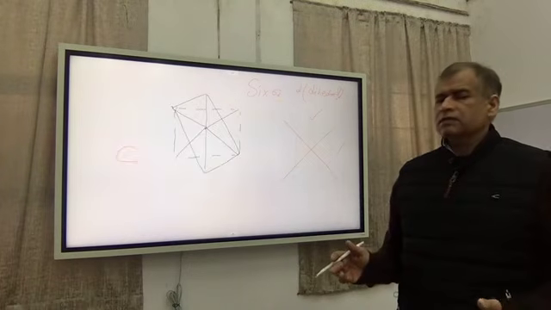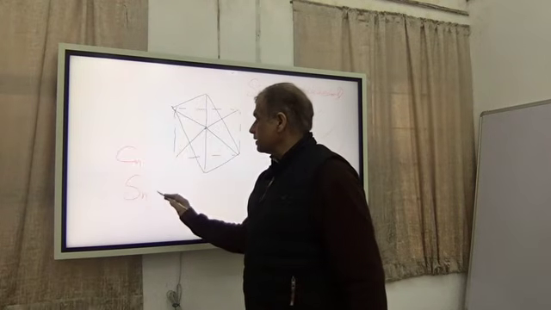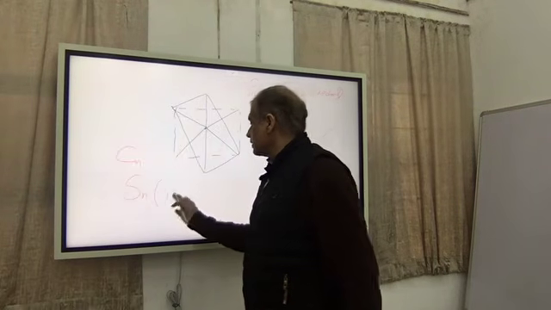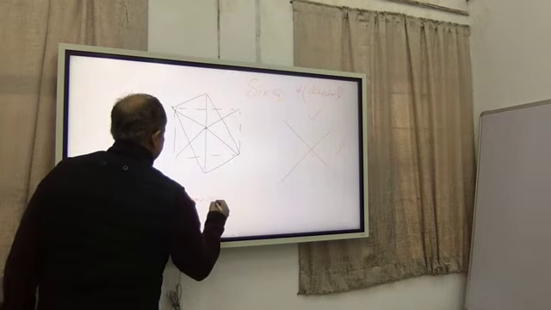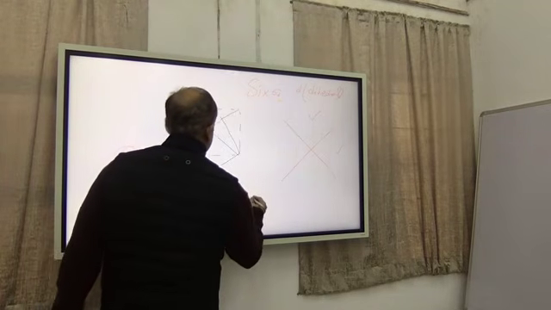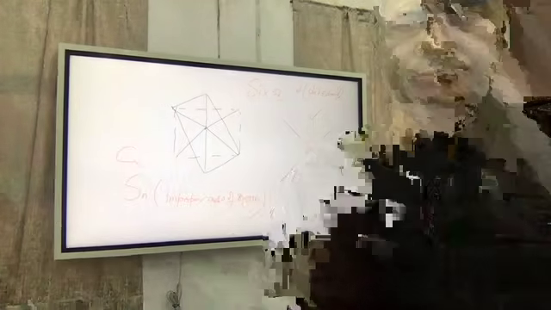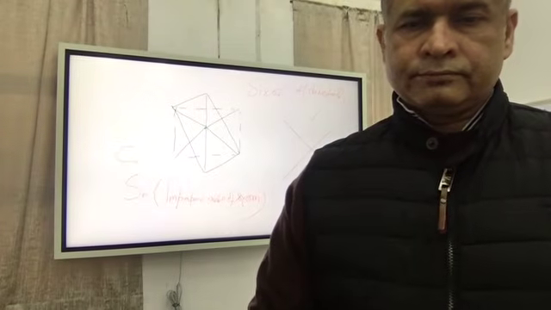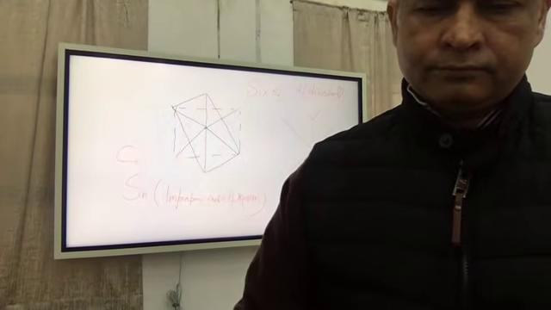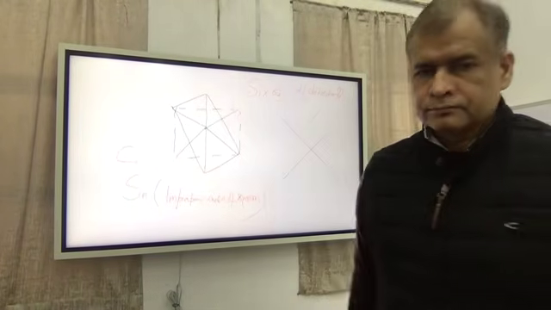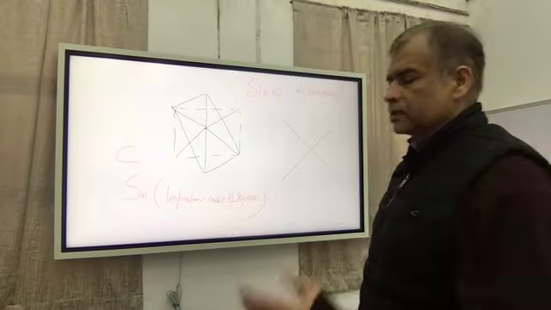And there is another one which is called improper axis of symmetry, that has the symbol S, n. So we will try to discuss this improper axis of symmetry next time.